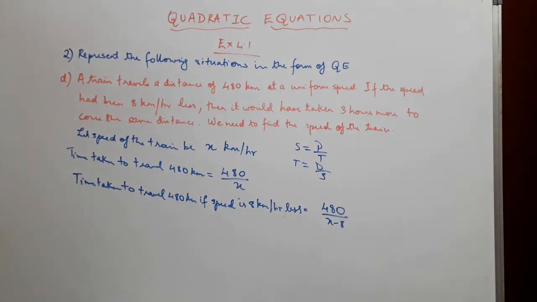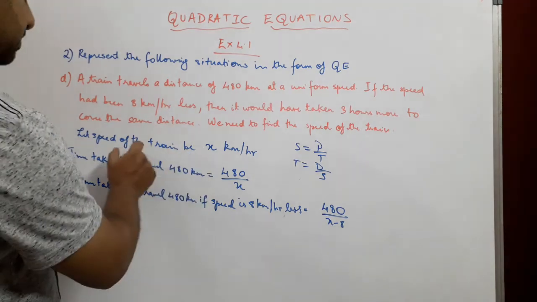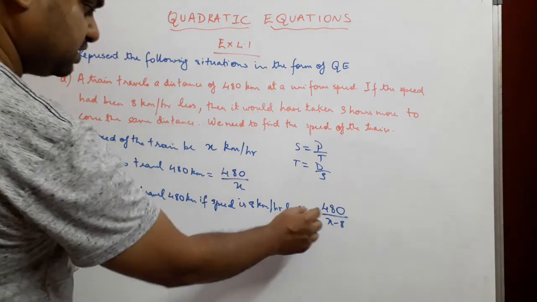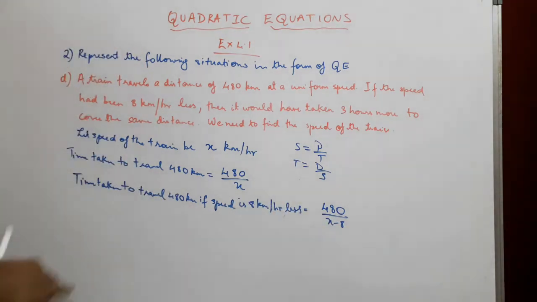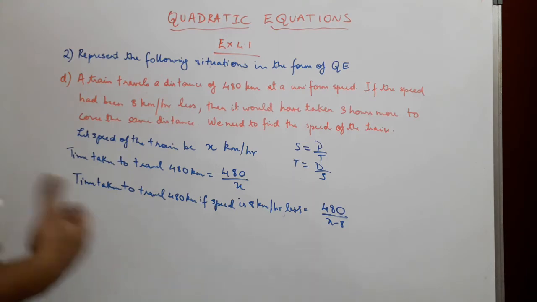Because x is the original speed, and if the speed is 8 kilometers per hour less, it has to be x minus 8. The speed is decreasing, that is why negative. If it was 8 kilometers per hour more, then it would have been x plus 8.